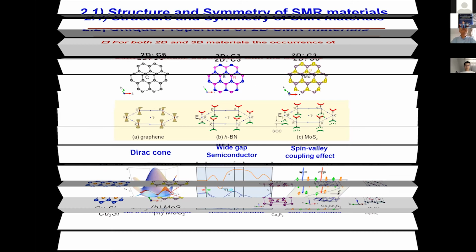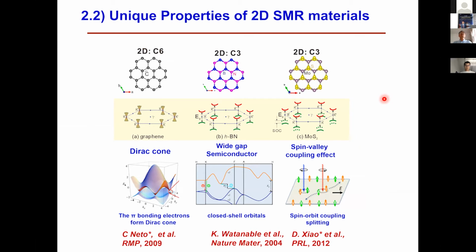And because of this structure characteristic, scientists have found that SMR materials in two-dimensional or three-dimensional form have some unique properties.